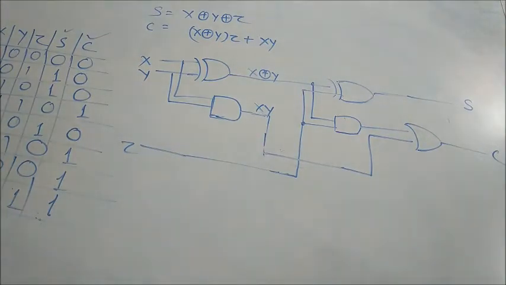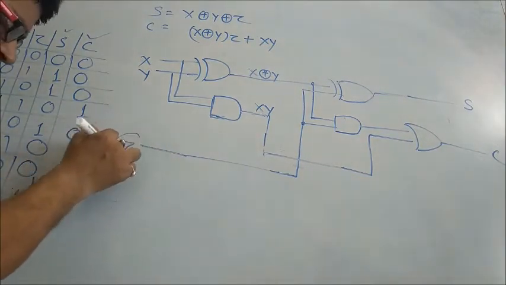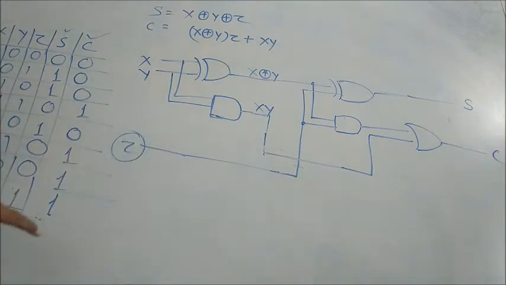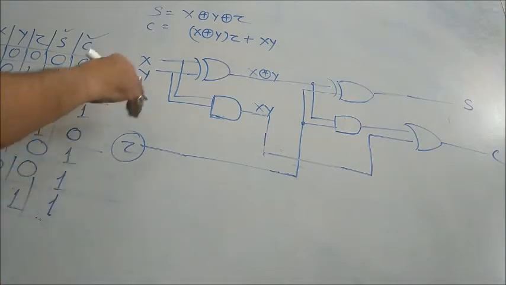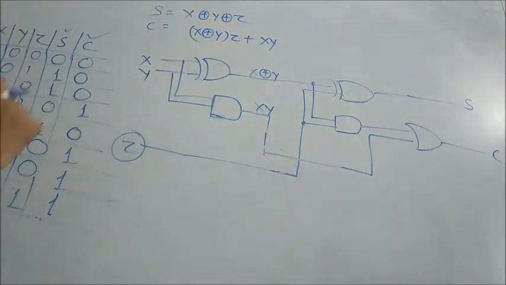Now let's talk about the third input, Z. Z will be introduced after the performance of these two activities. So this is when your first half adder is complete.